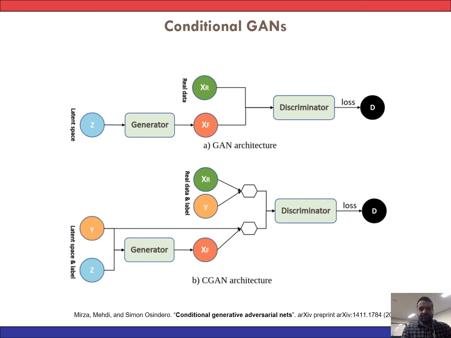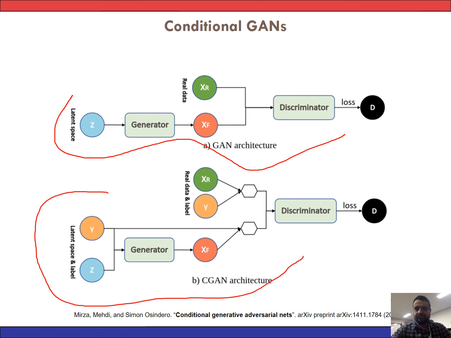Here I will briefly show the difference between the vanilla GAN and the conditional GAN. This architecture is for the simple vanilla GAN, and this one is the conditional GAN. Here Z is the input, and this is the corresponding target for this Z input.